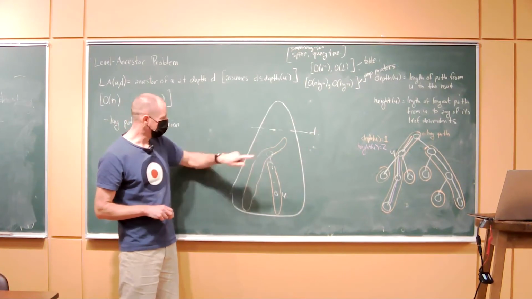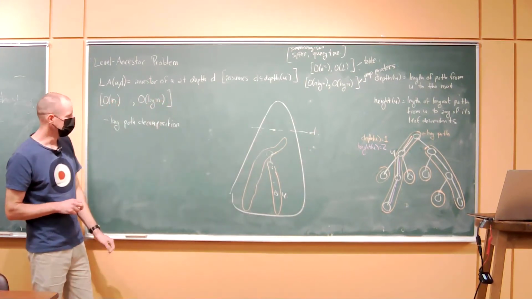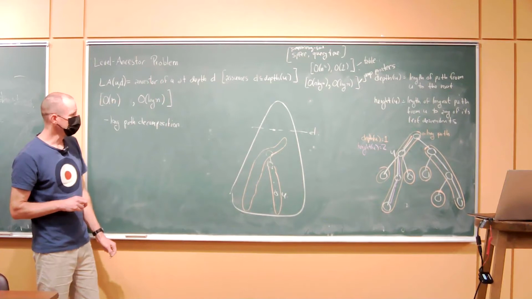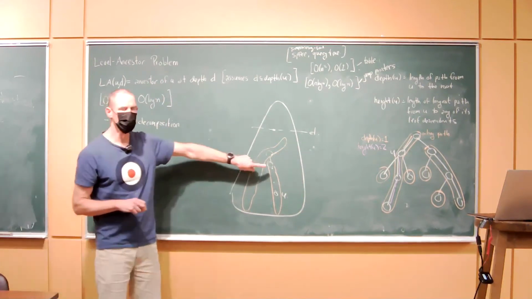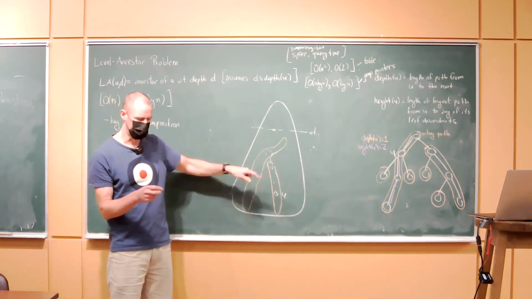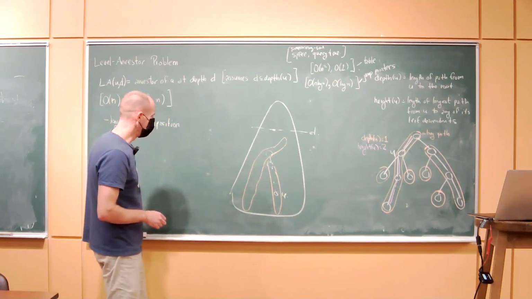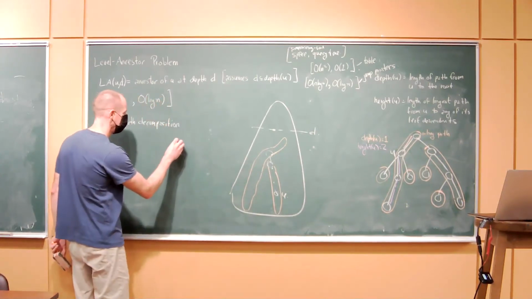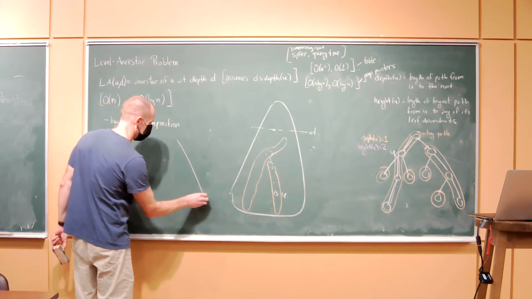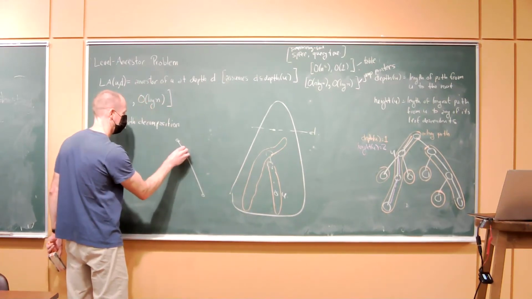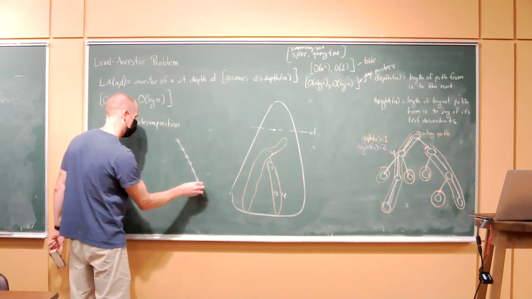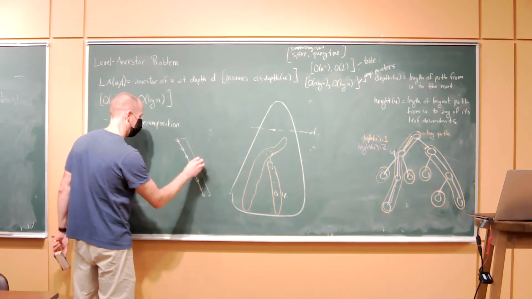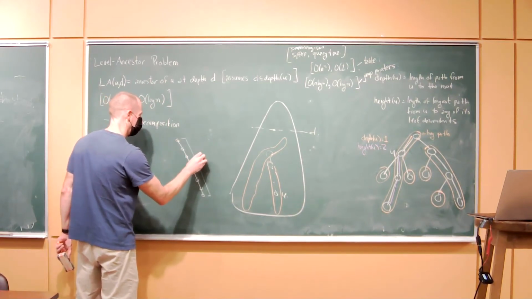And if you hope that, well, that would just be wishful thinking because it's not true. We have to be a little bit more clever than that. And why is it not true? Well, because your tree could look like this. Start with a path of length root n.